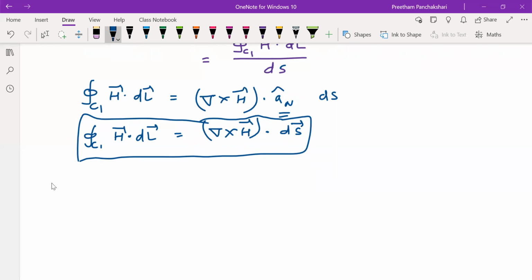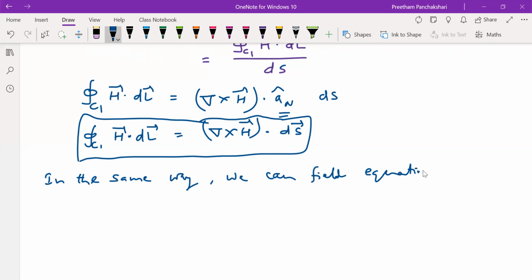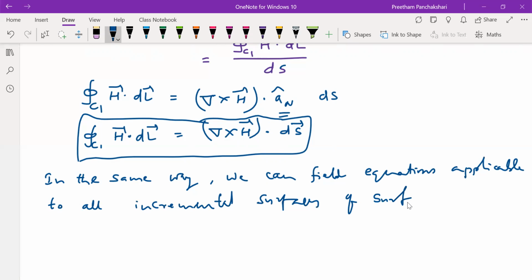We can end the session by stating a few comments here. In the same way, we can find equations applicable to all incremental surfaces of surface S. You can write equations for all of them.